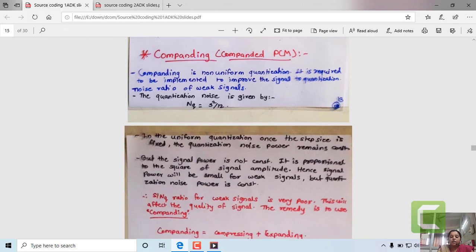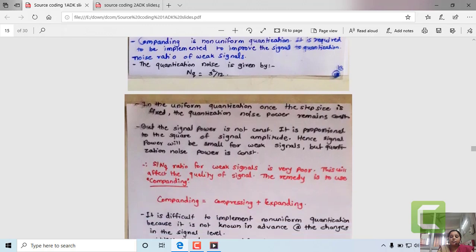So the remedy or solution for this problem is applying a device which will maintain proper SNR, and that is the compounding block. The compounding term basically consists of two processes: one is compression and the other is expansion.